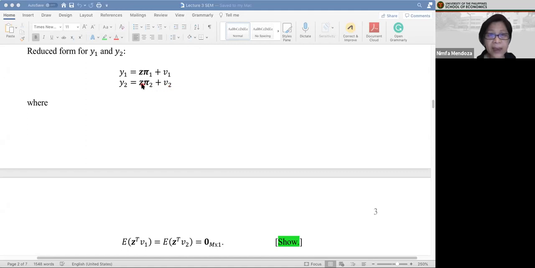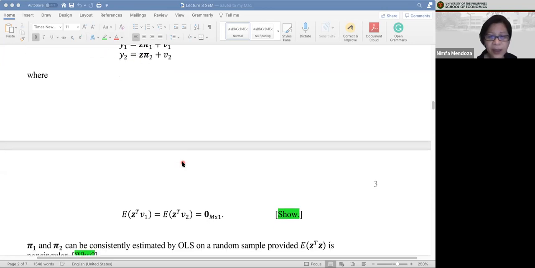But note that some of the Z's here do not necessarily appear in the second structural equation. Also, some of the Z's may not appear in the first structural equation.